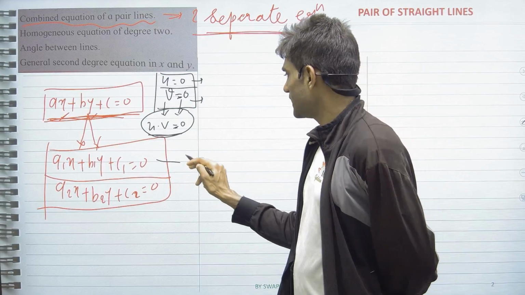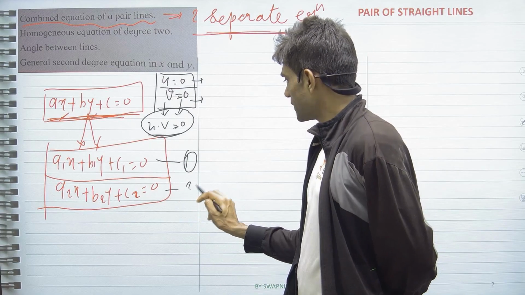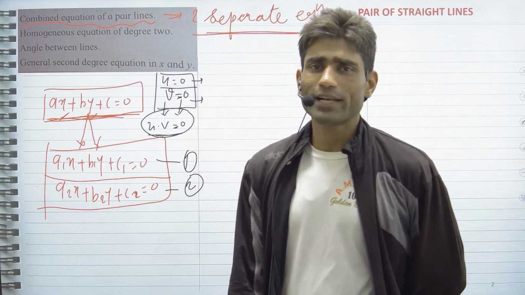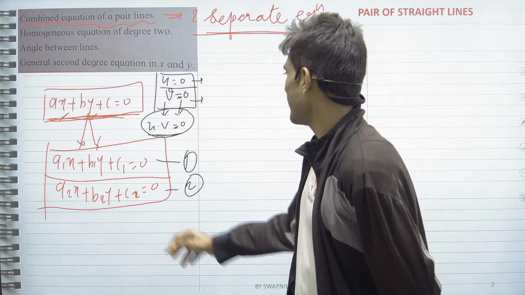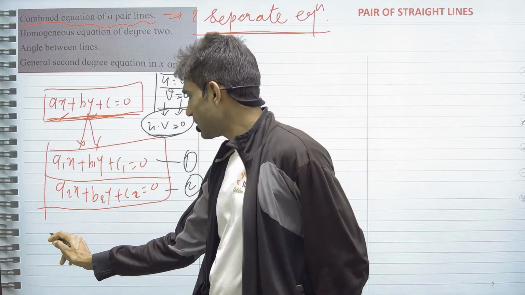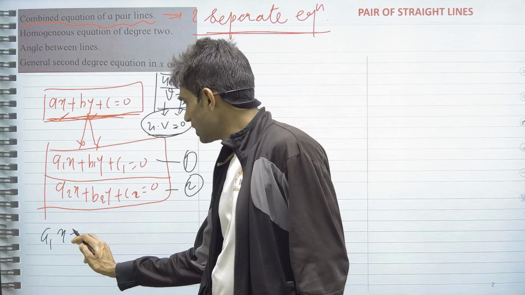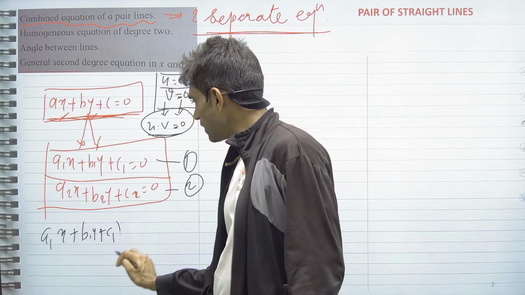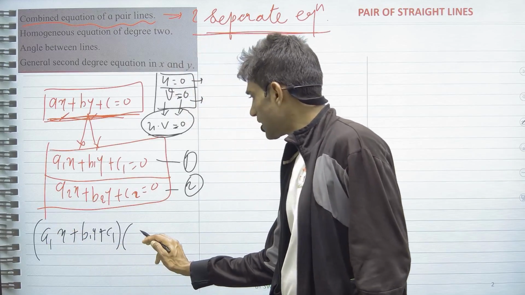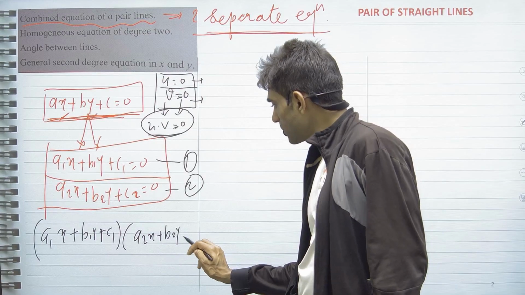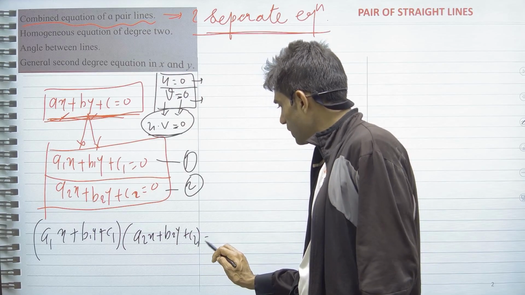This one is the first equation, this one is the second equation. So we have two different equations. Now let's find out how we can take the combined equation using both of them. Just multiply both of them: a1x plus b1y plus c1, multiplied with the other, a2x plus b2y plus c2, equal to 0.